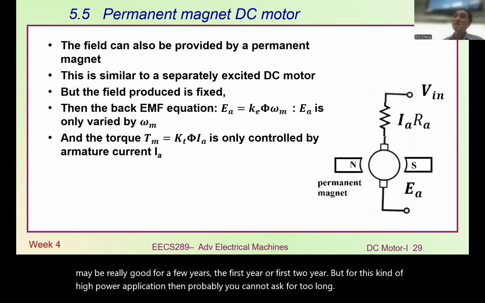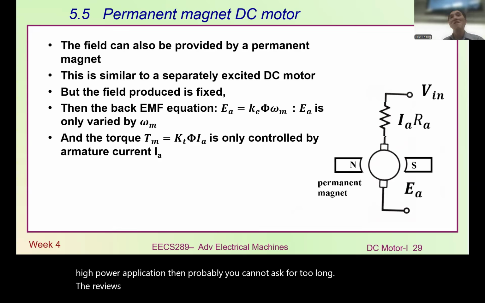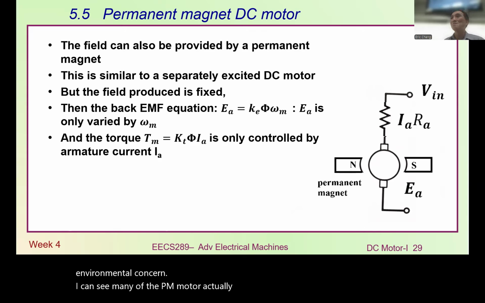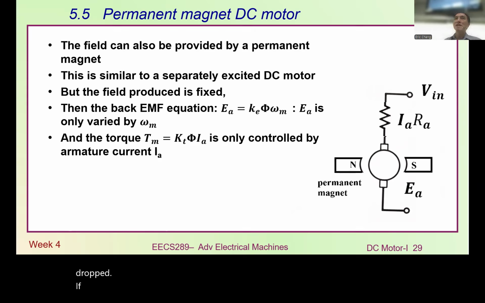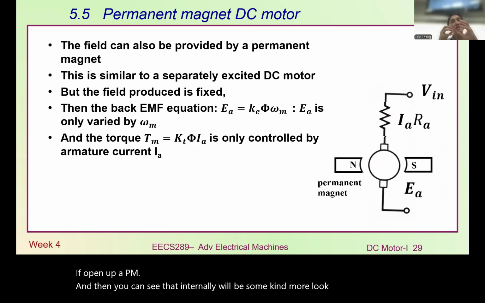But if you use copper winding, you don't have that problem. You don't have any environmental concern. I have seen many PM motors actually crash, or some of the motor poles drop, because if you open up a PM, you can see that internally it looks more like powder iron. They have a lot of dipoles.